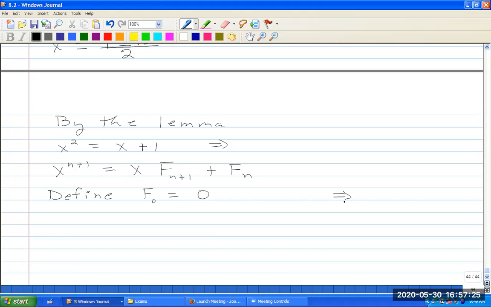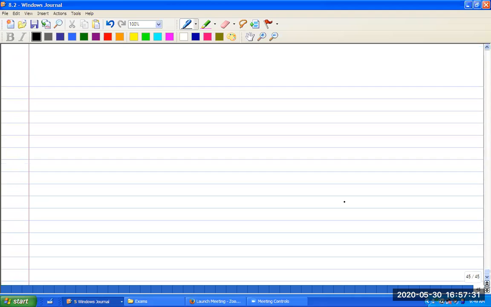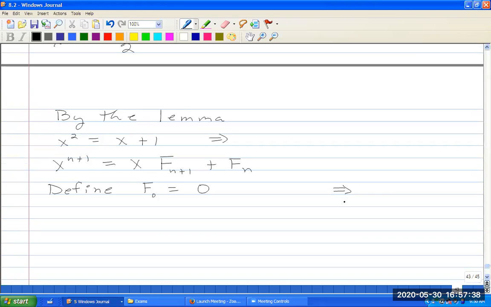Then I can plug in n equals 0, and this will make sense. That would be a 0, this would be f sub 1, which is just 1, and this would just be x to the power 1. So this would still make sense even when n were equal to 0.